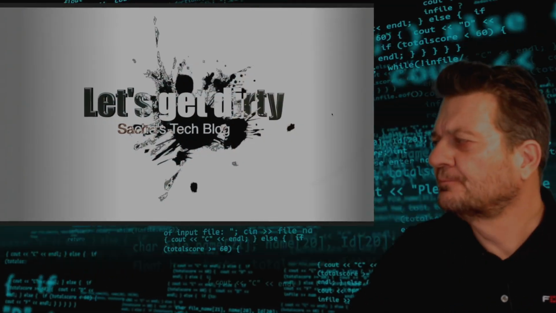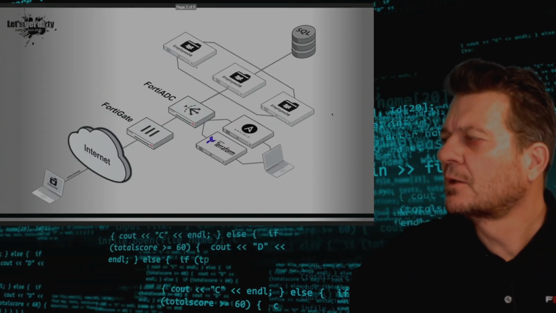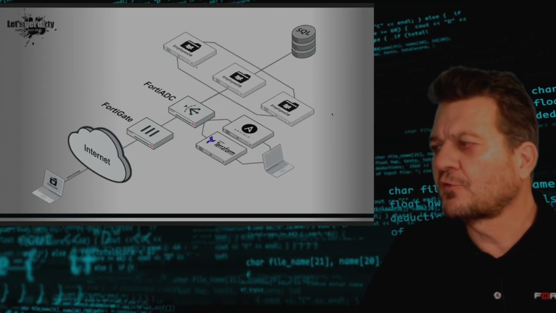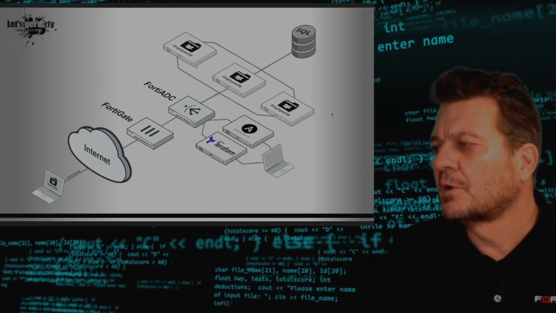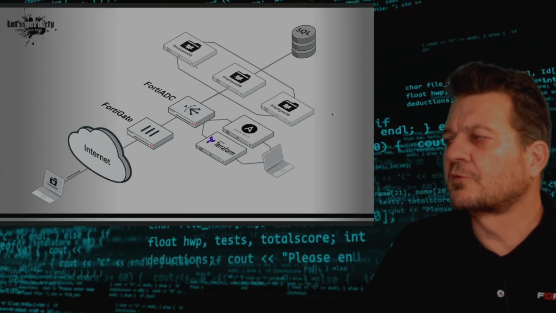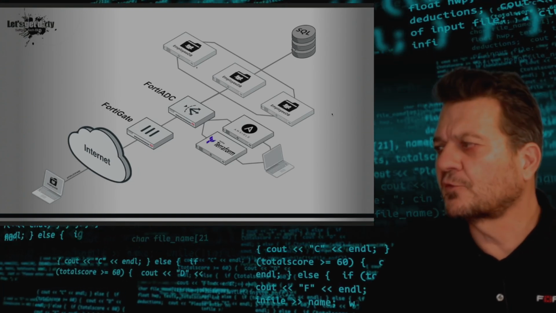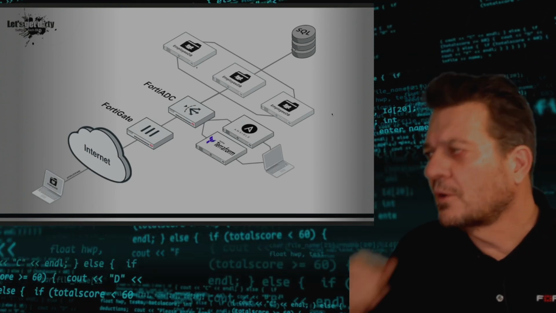So let's talk about the demo setup. The whole environment is actually virtualized. So we have a FortiGate in the front, a FortiADC which is acting as a load balancer. We have 3 application hosts.